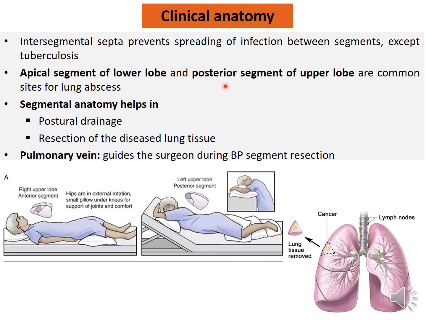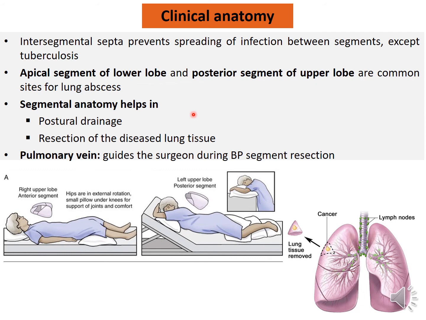The segmental anatomy also helps the surgeon while draining the infectious fluid from the segments and while removing the affected or infected segment from the lung. I'll repeat. Knowing the position of the segment is very important while removing the diseased segment from the lung and while draining the infectious fluid from the affected bronchopulmonary segment.